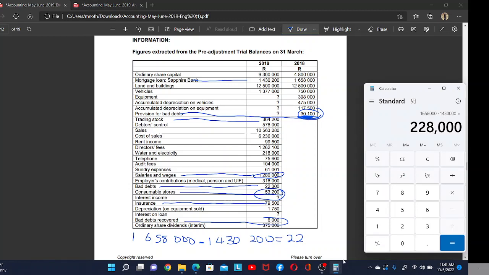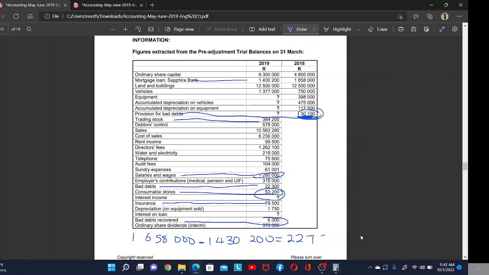It's 1,658,000 minus 1,430,200. The answer is 227,800.